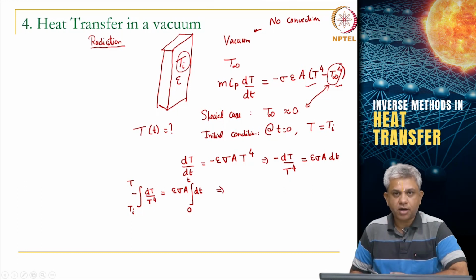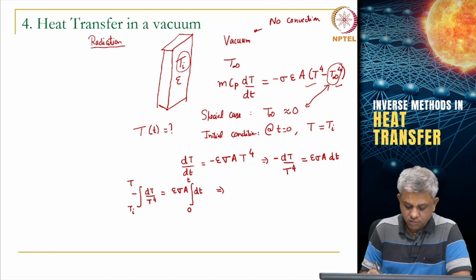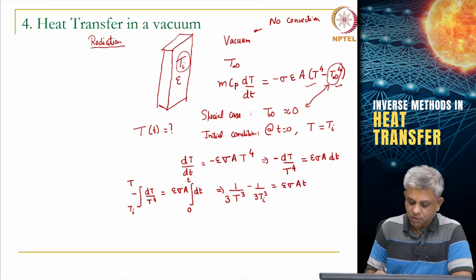If you do the algebra, this gives you 1 over 3 T cube minus 1 over 3 Ti cube equal to epsilon sigma A times time.